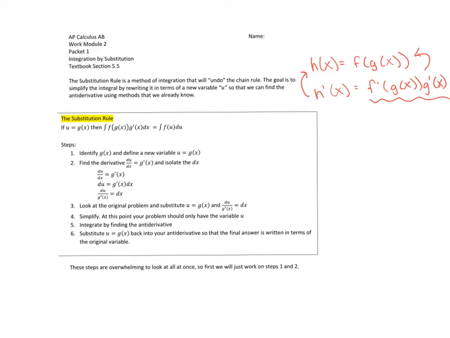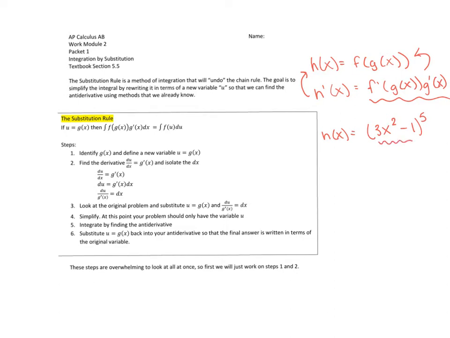To do that, when we had just finding derivatives as our problems, if we had something like, I don't know, 3x squared minus 1 to the fifth, we can identify what's inside and what's outside because there's really only two options.